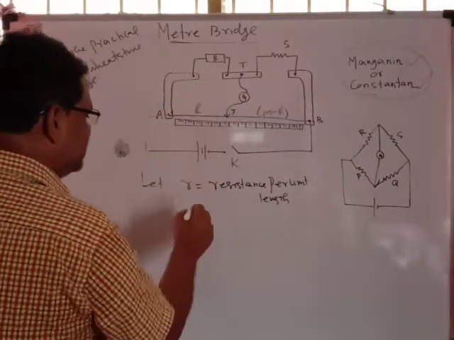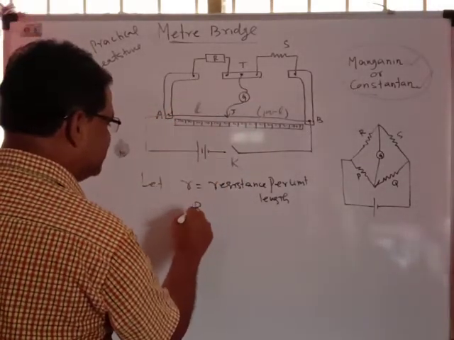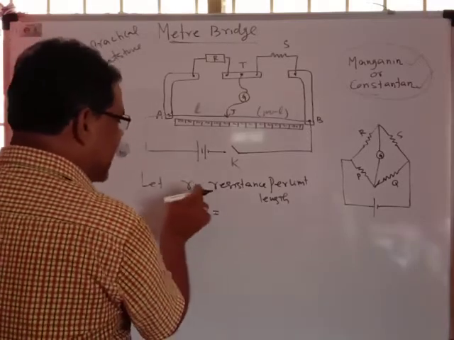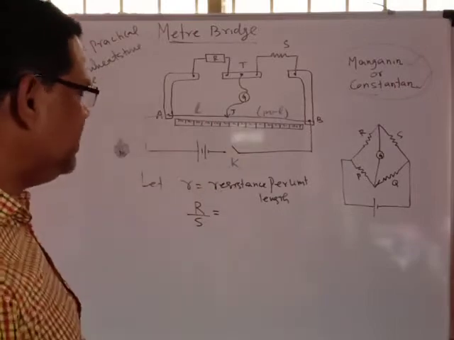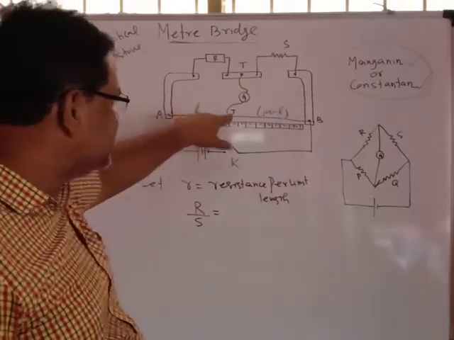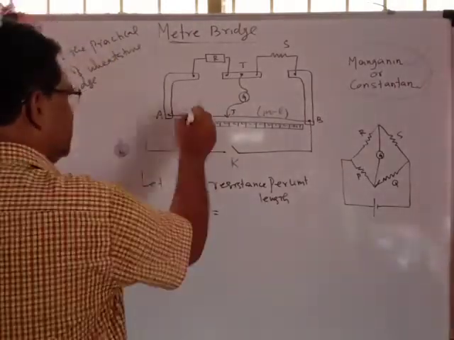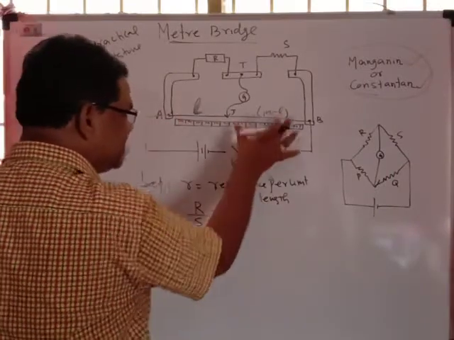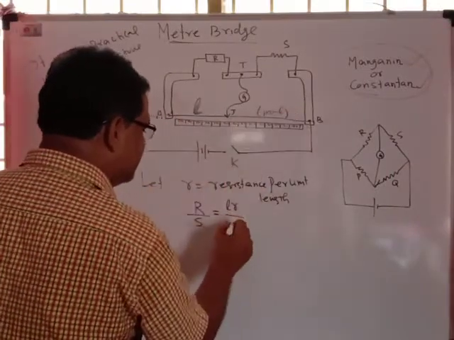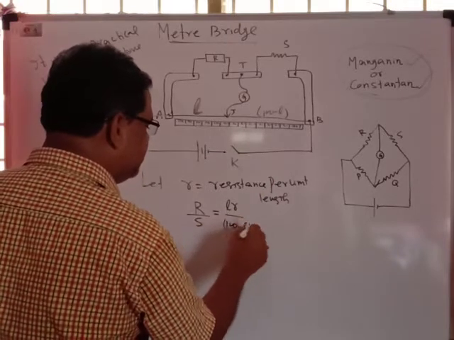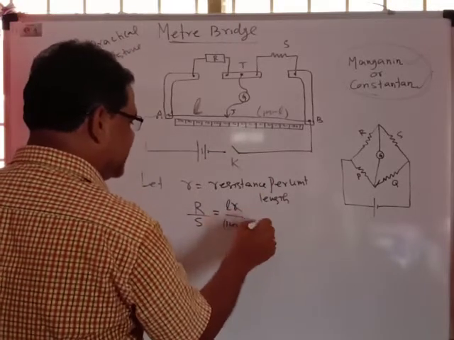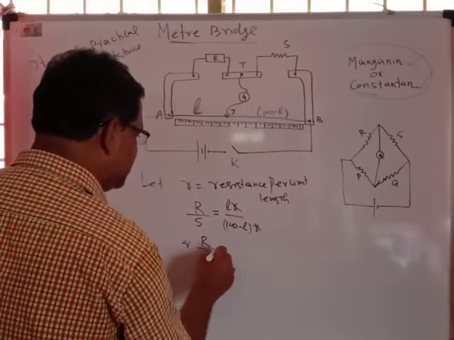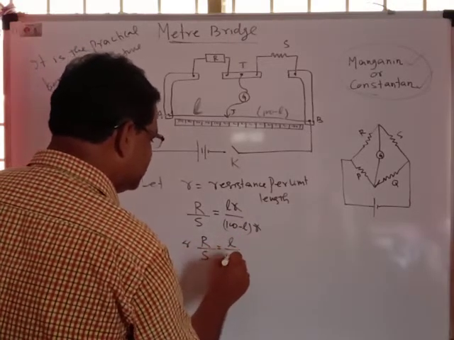So we get the ratio R upon S. If r is the resistance per unit length, the resistance of length L will be L into r, and the resistance of 100 minus L will be 100 minus L into r. So this r cancels, and we get R by S equal to L by 100 minus L.